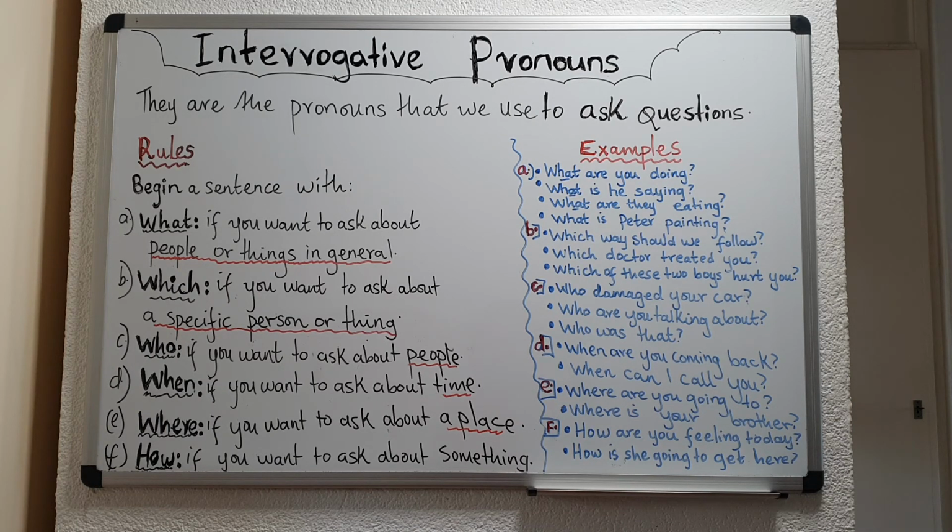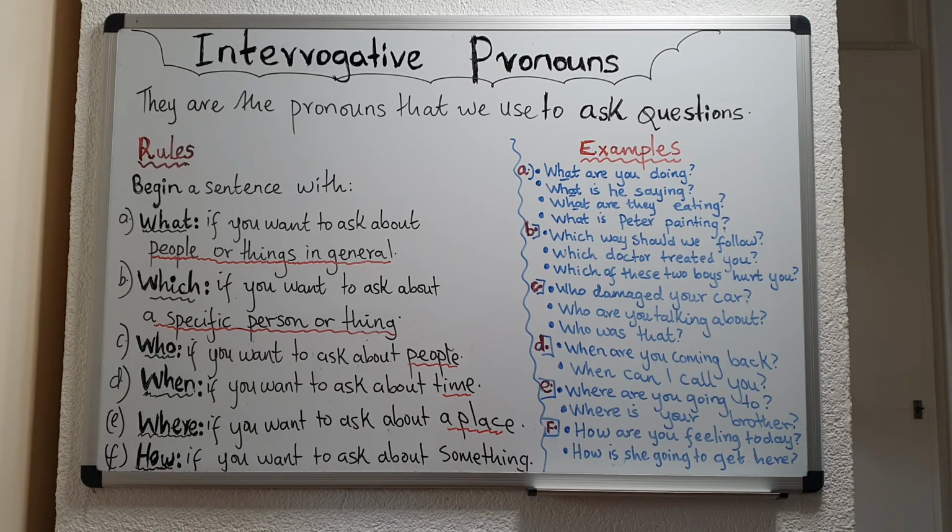And finally, if you want to ask about something, okay? If you want to ask about something, and that particular something is about the manner in which something is going to be done, then begin your sentence, or rather your question, with how.